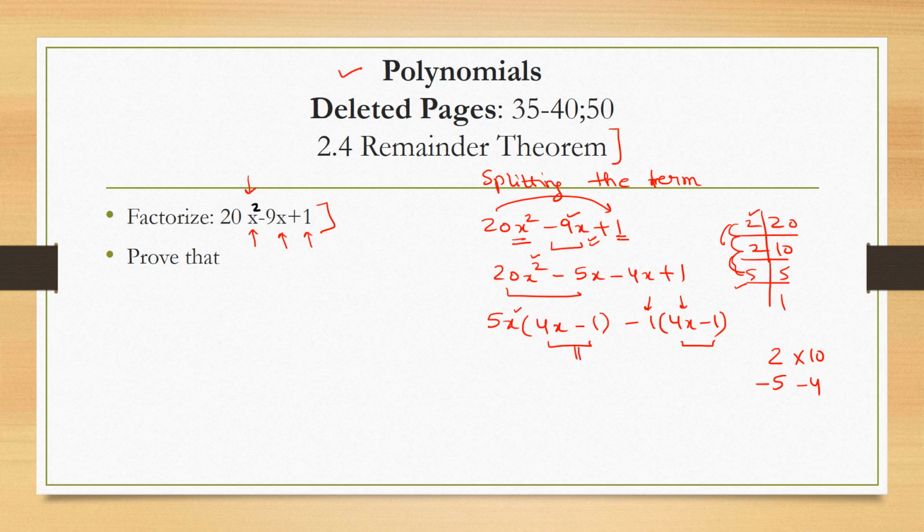Now whichever thing is common, just take it out, 4x minus 1, and then what is left behind? 5x minus 1, right? So these two are the factors of this particular expression. I'm hoping that you have understood. Let's see another question.